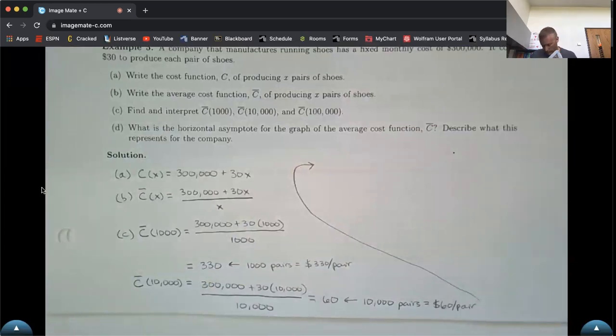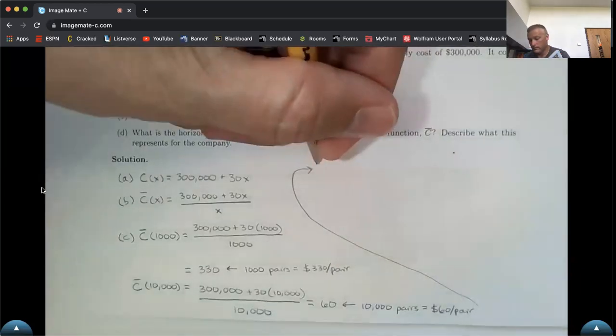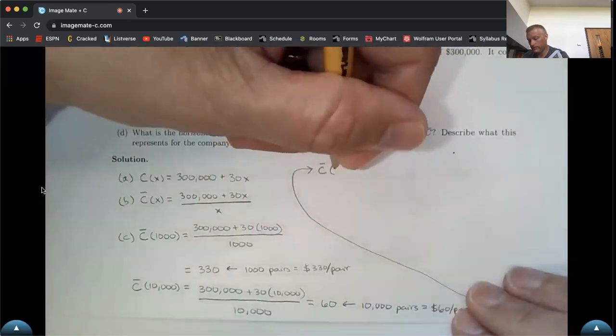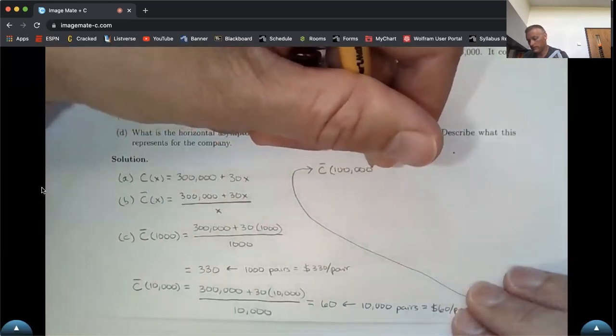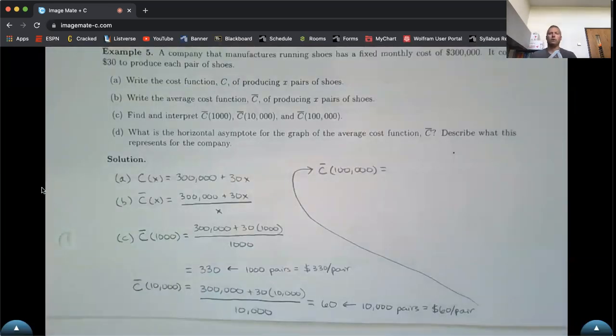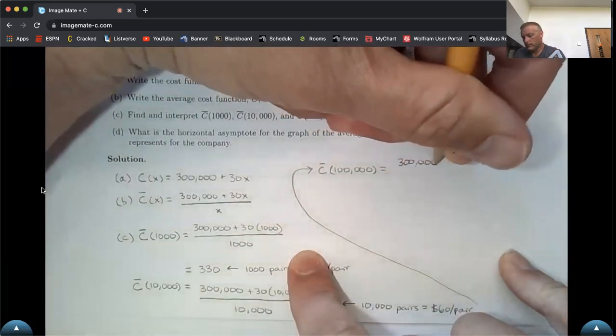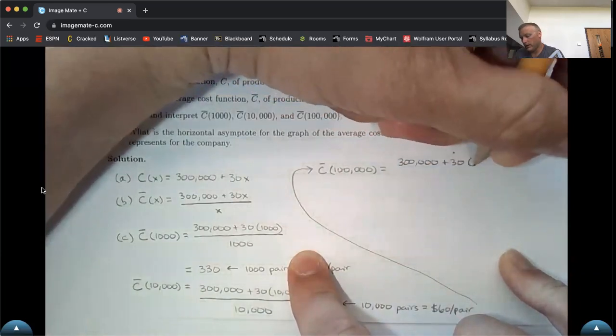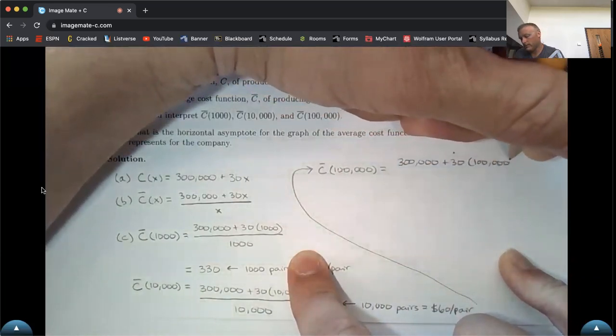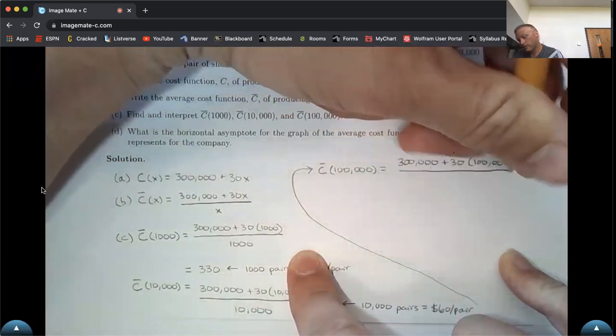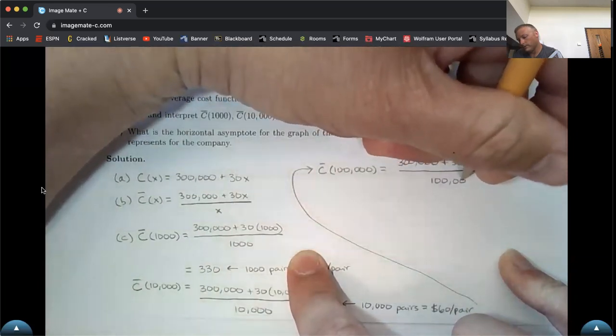If we do C bar of 100,000, so that's 300,000 plus 30 times 100,000 all over 100,000.